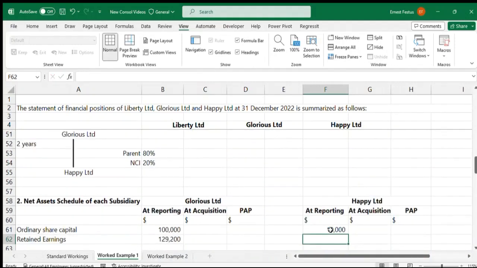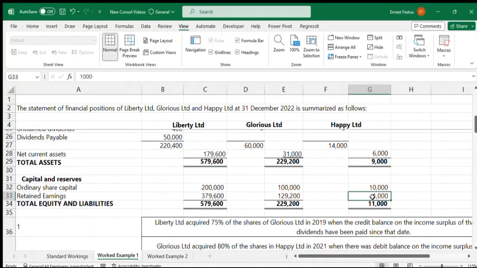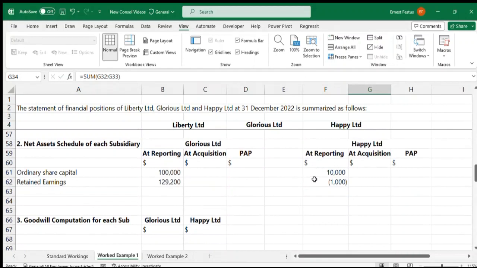So I'll enter, and then I'll duplicate, then we have that.